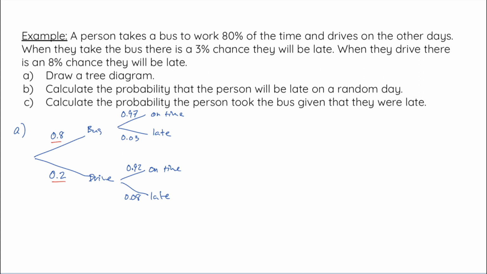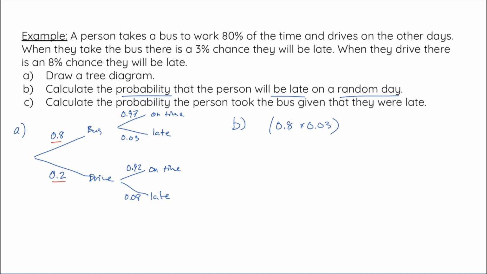Now they're asking us to determine the probability that the person will be late on a random day. And there are actually two scenarios of them being late. First, there's taking the bus and then being late, or they could drive and be late. So you see there's two different outcomes here, and we need to add the probabilities of those together. So the probability of taking the bus and being late is 0.8 times 0.03.